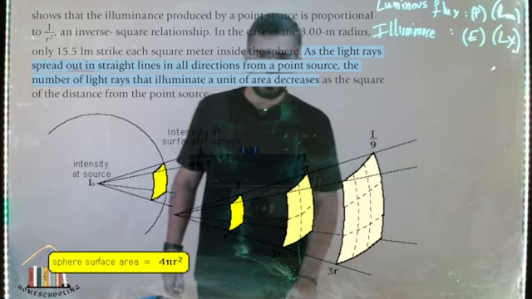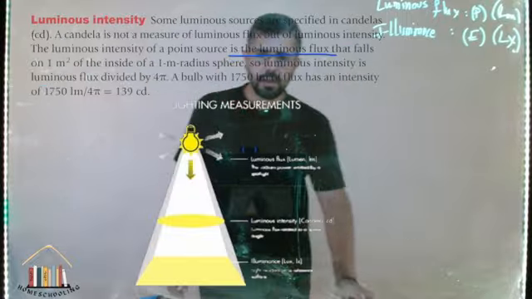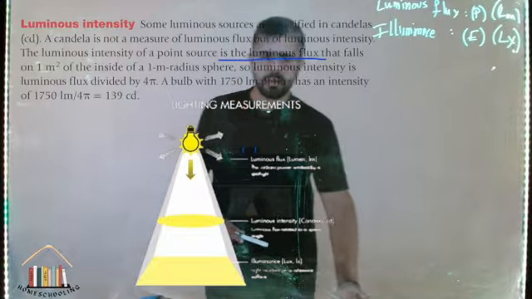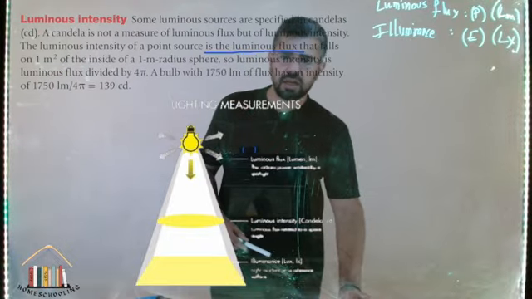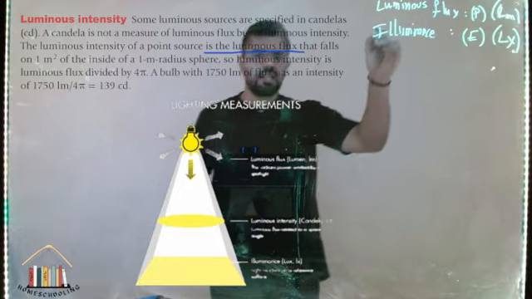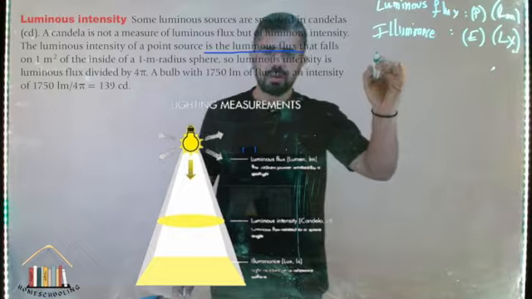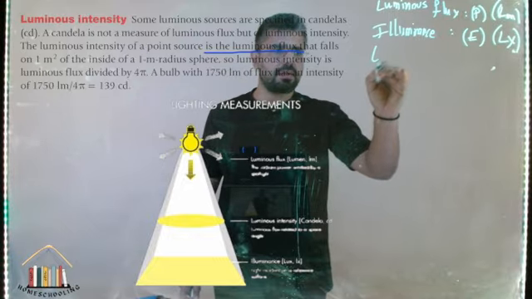All right, we continue. So, talking about now the last parameter when discussing the quality of light. We first discussed the luminous flux, then the illuminance. Now talking about the luminous intensity.